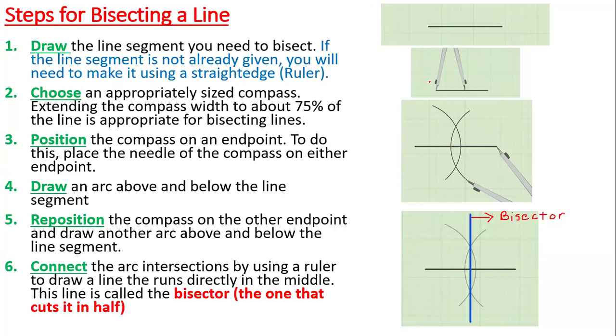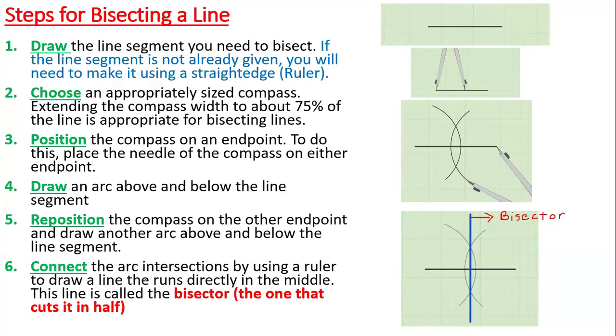Very good. And Durante, read 4, 5, and 6. Draw an arc above and below the line segment. Reposition the compass on the other endpoint and draw another arc above and below the line segment. Connect the arc intersections by using a ruler to draw a line.